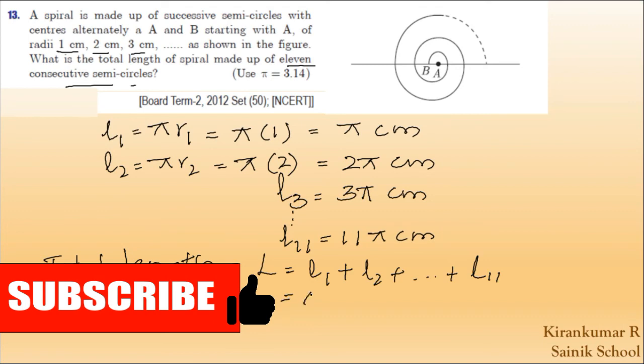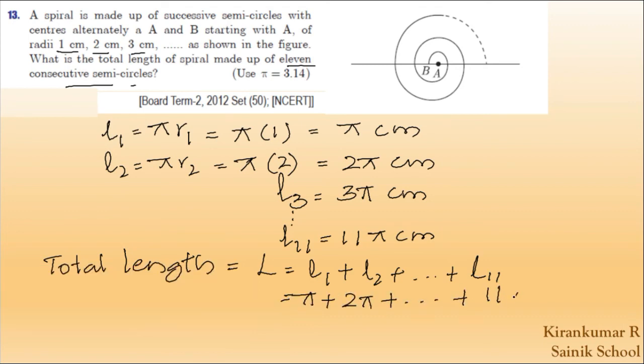It is nothing but pi plus 2 pi plus so on till 11 times pi. So pi can be taken common. We get 1 plus 2 plus so on till 11. Sum of n terms is n into n plus 1 by 2.